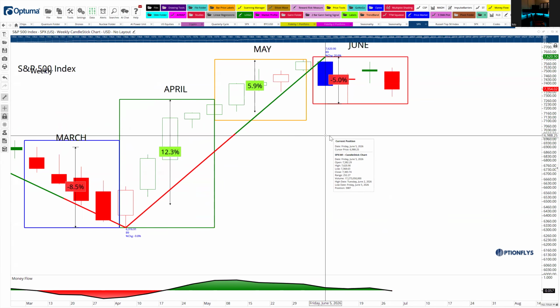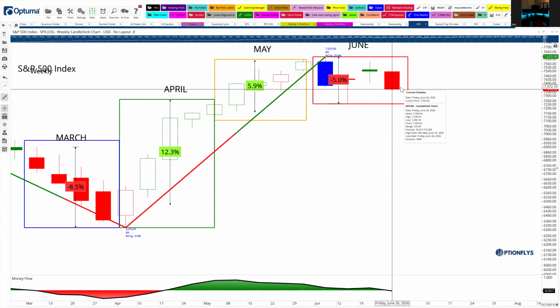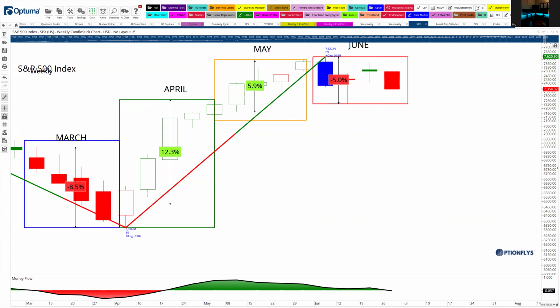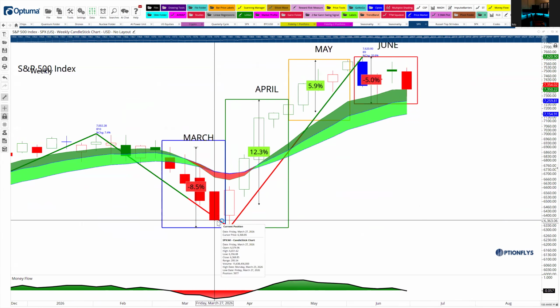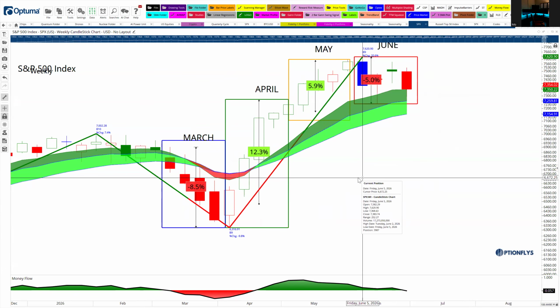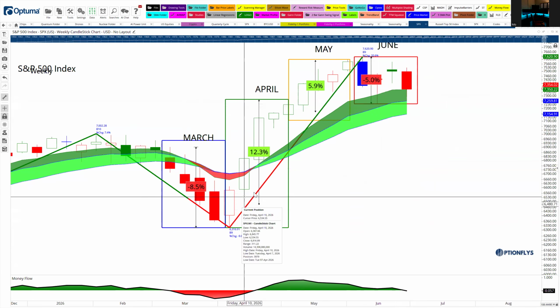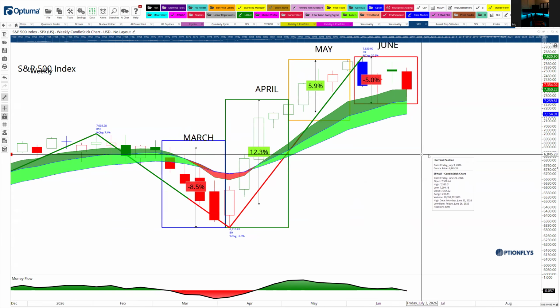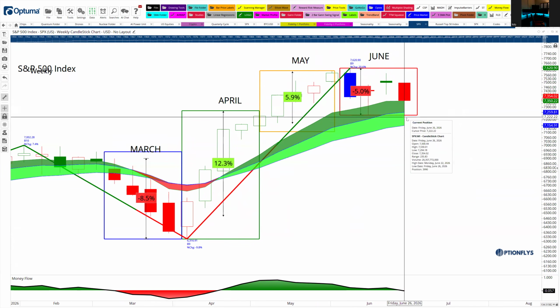What I'm planning to do is, I know it's a little choppy, but I'm not too worried about what the daily chart is doing. I'm worried about this. This is what matters. This is what I watch.